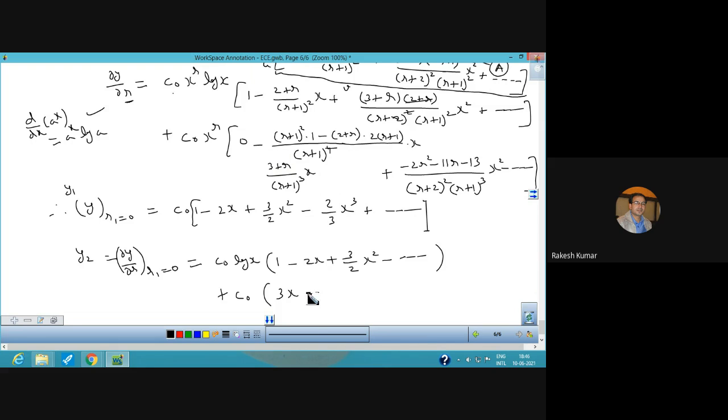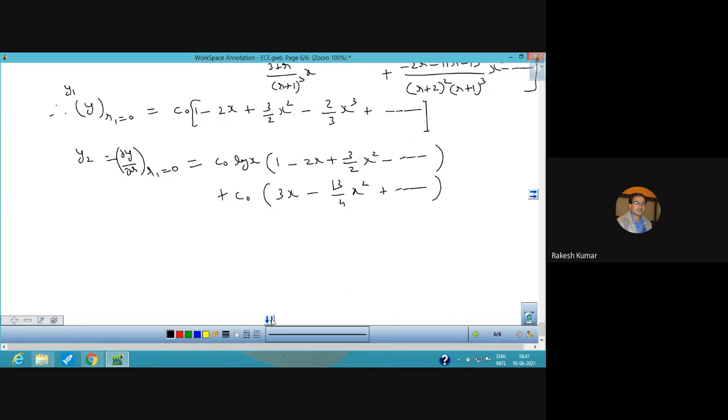So this is 3x minus 13 over 4 x square by putting r is equal to 0. So this is your y2. And with the help of y1 and y2, you can write down the complete solution. So the complete solution is y is equal to the constant.